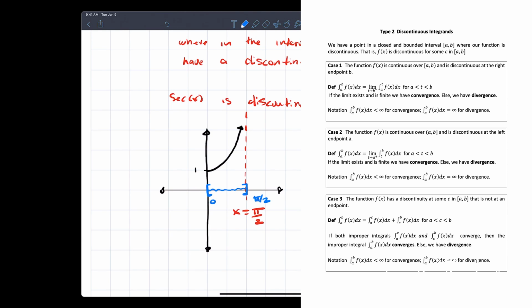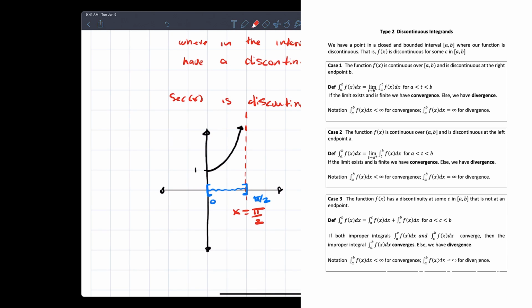We have case 1. So let's determine case 1. What does that say? The function f is continuous over the interval a to b and is discontinuous at the right endpoint b. So this is actually what we're talking about. So let's go back here in our picture and say this is what this means.